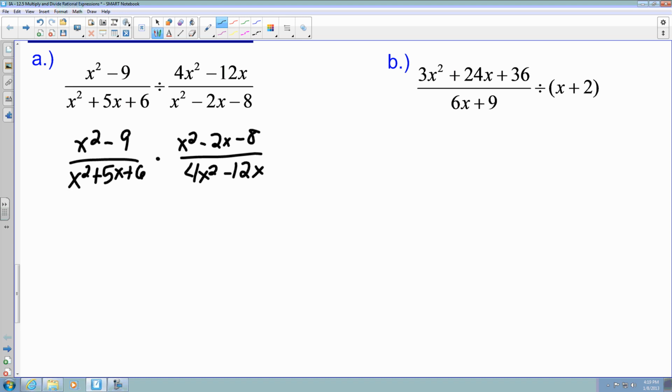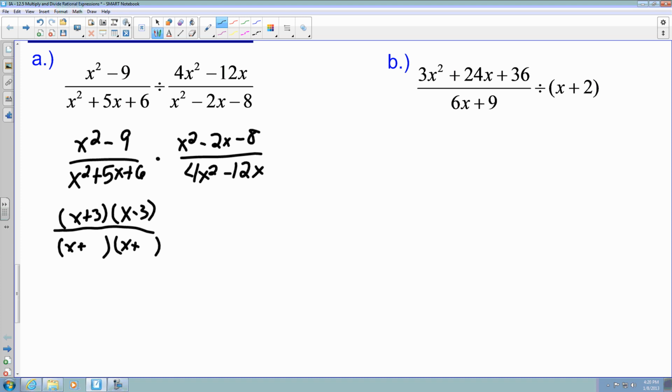All right, now I can either factor or reverse FOIL my numerator and denominator, which will help me cancel out terms during the operation. X squared minus 9, if you recall, is the difference of two squares. So I can rewrite this as x plus 3 times quantity x minus 3 over, let's see here, I got parentheses, parentheses, I got x, x. The positive 6 means it's going to be the same sign. The plus 5 means they're going to be both positive.